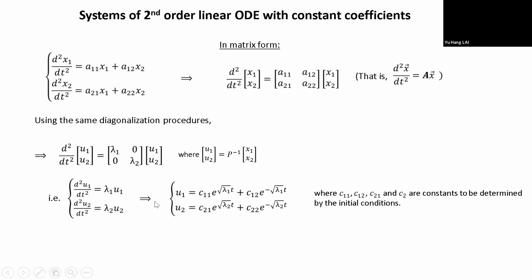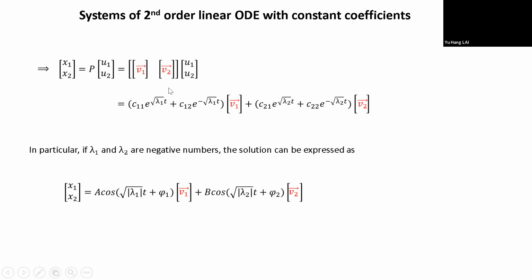In that case, you have this general solution. Once you have U1 and U2, you convert back to X1 and X2. After you convert back, this is what you get.